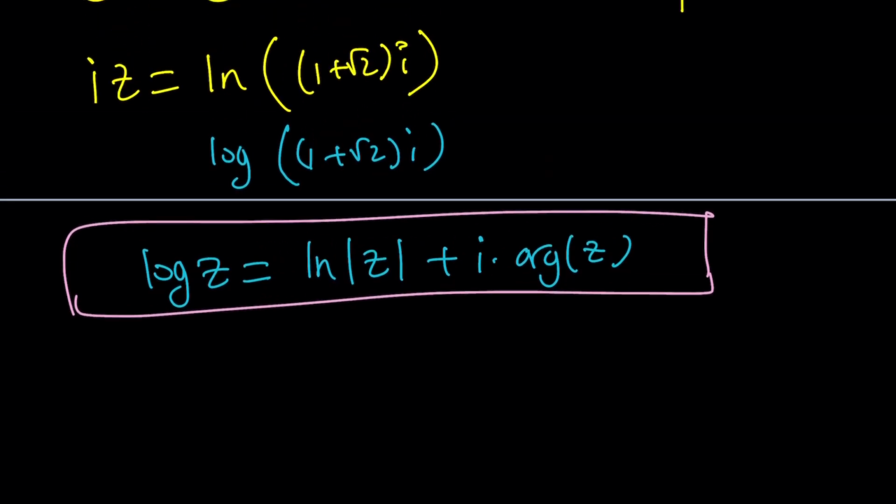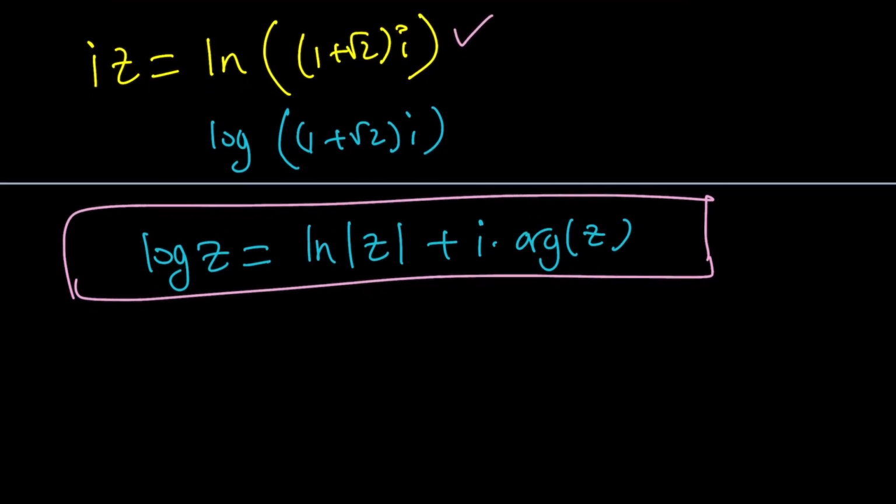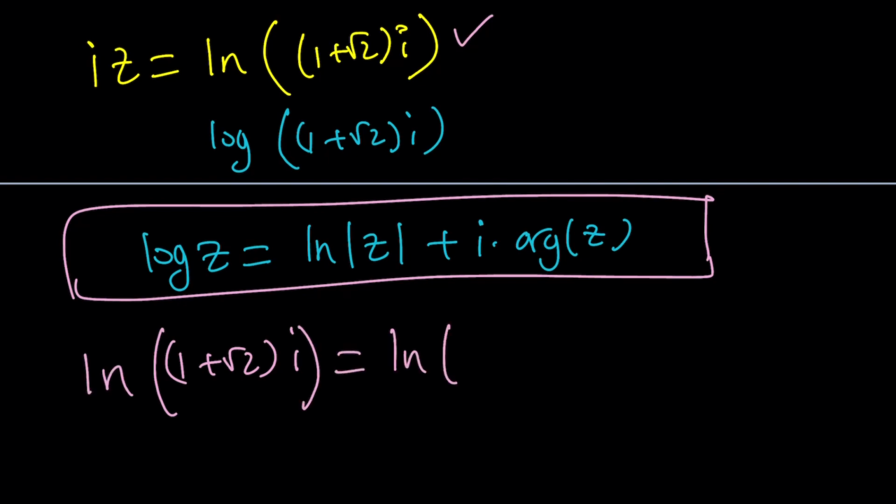And if you go off of that, from here, we're going to get the ln. Let's go ahead and find out the log of (1 plus root 2) i, and I apologize, I used that interchangeably. Let's go ahead and replace this with ln, and then this is going to give me, by definition, ln of the absolute value, which is 1 plus root 2. Notice that this is the absolute value of this number, plus i times the argument of this number.